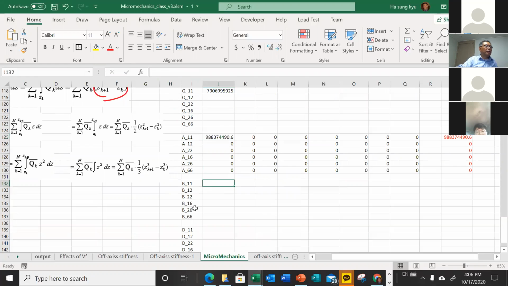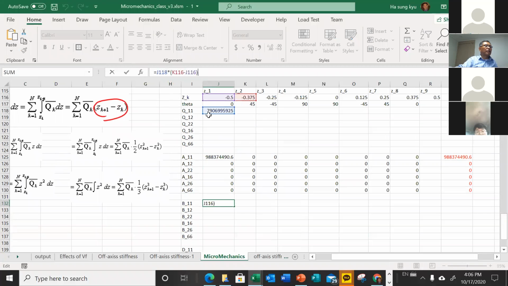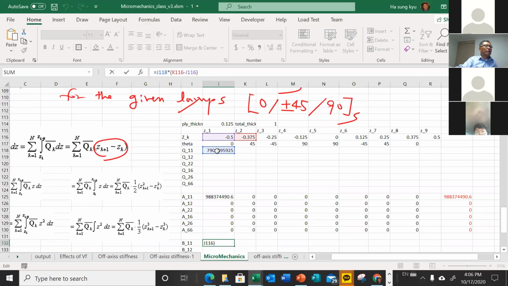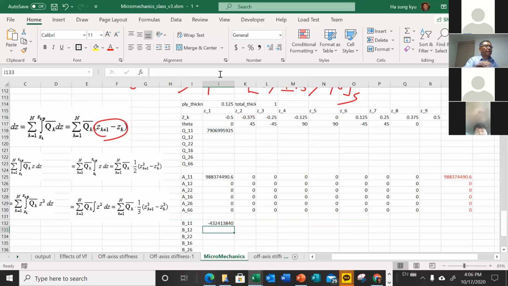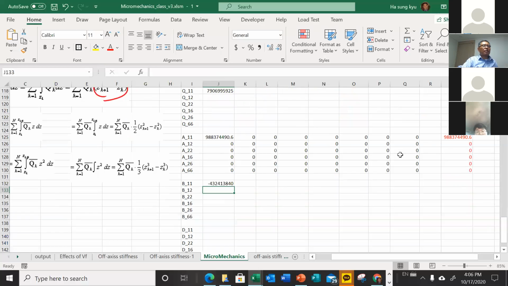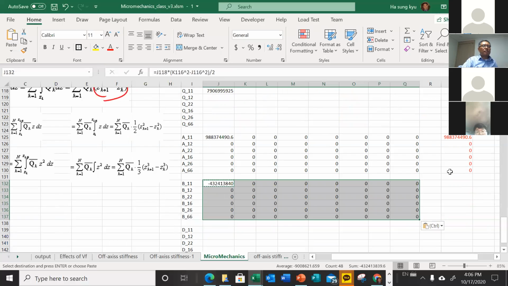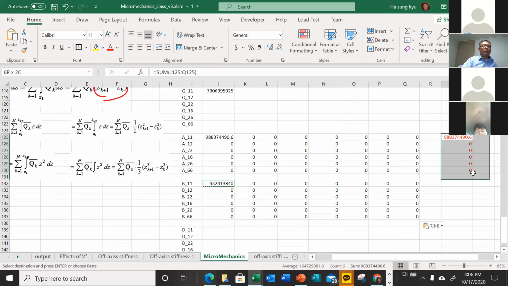And as you can see here, B11 has exactly this term and that. But we have a little different terms. Say this is the square, there is a square, and there is the half. Okay, there's a half. And you do exactly the same, copy and paste, and you sum them up. That will make the B matrix.